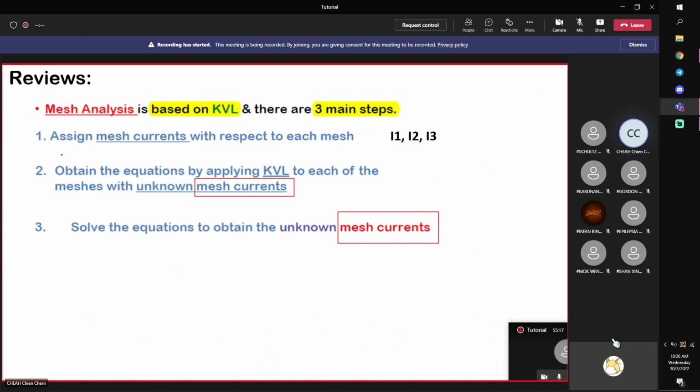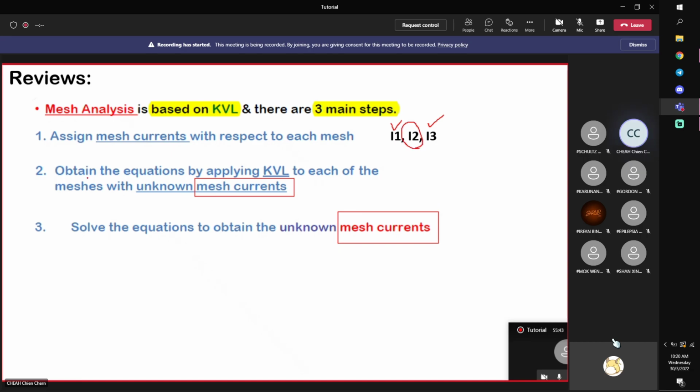So if you go back to review my summary again for all these basic circuit laws, actually, it's very specific. It says to assign mesh currents, and then try to see whether some of the currents are known or not. In this case, I1 and I3 are known, so the only unknown is I2, correct?